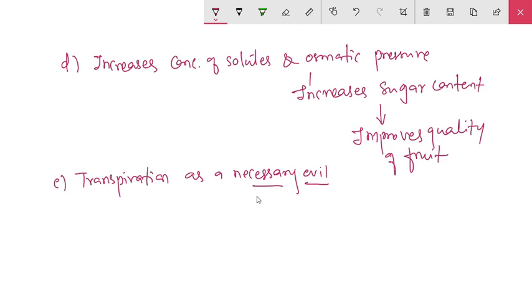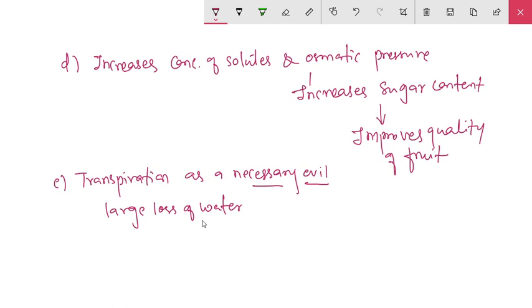Water is of vital importance in plant life. When a large amount of water is lost in the process of transpiration, it may cause the wilting of the plant.